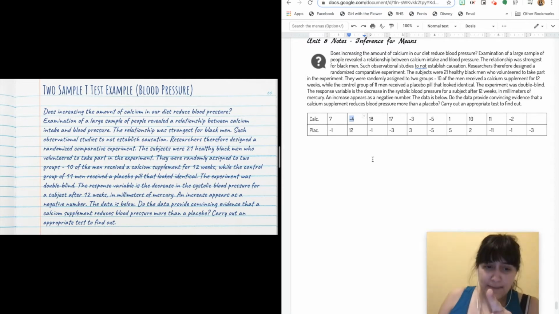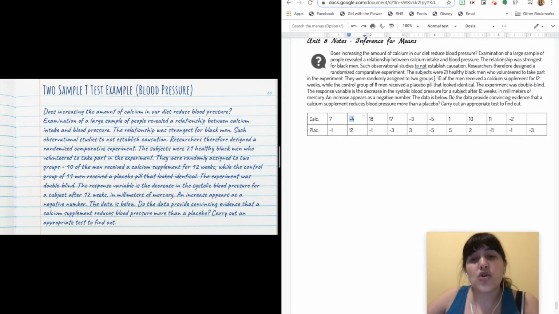Okay, again, before I jump into this whole test, I want to point out to you again why this is not paired. If you go up into the actual scenario, it said there's 21 healthy Black men who volunteered to take part in this experiment. There was no way to group those men or to easily pair those men.